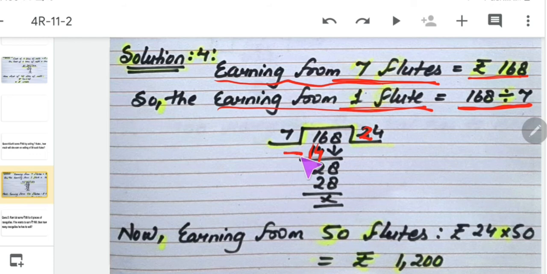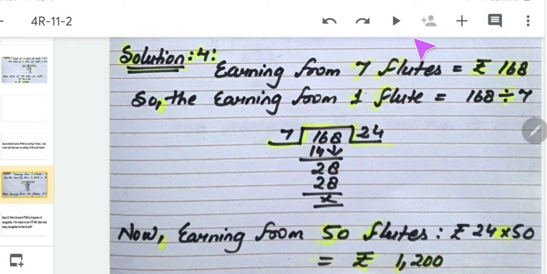When we minus 14 from 16, we will have 2 as remainder. Then this 8 will come down and it will become 28. Now, we all know that 4 multiplying with 7, we will have 28. So, we will have nothing in remainder. So, the price for 1 flute is 24. That means the earning from selling 1 flute is rupees 24.